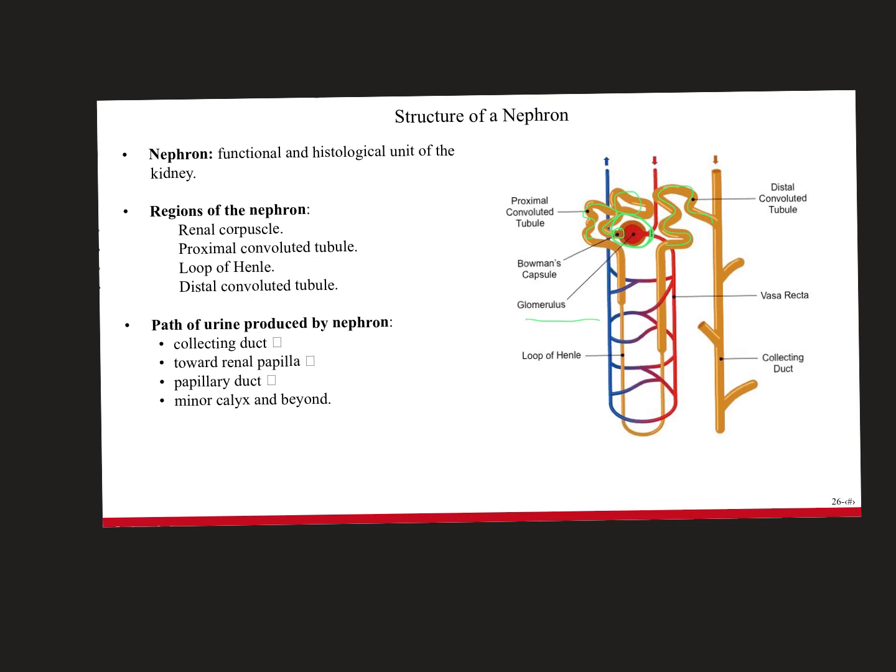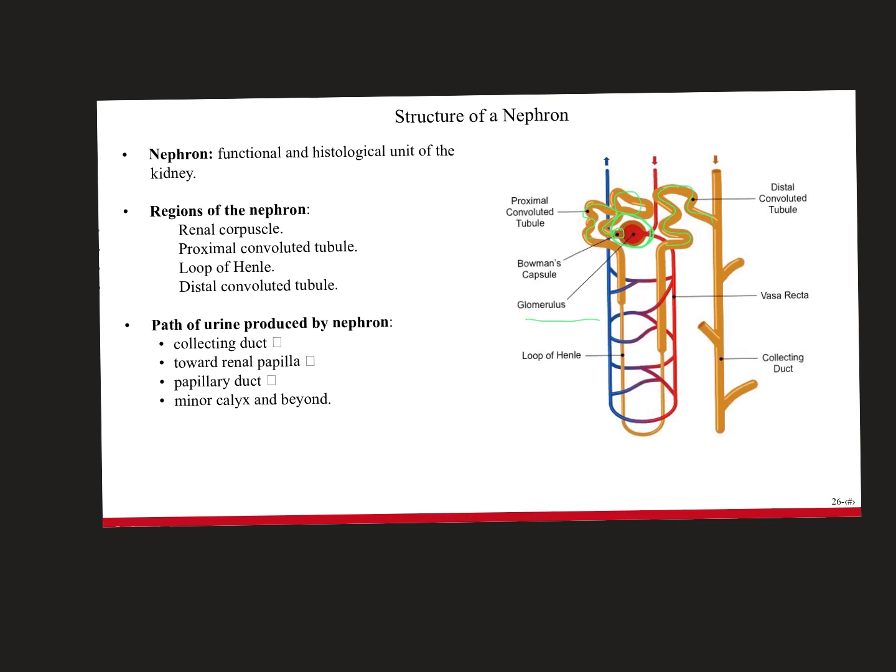And you'll also note that there's a part of each of those that is fatter or thinner, right? So you have a thick descending loop. You have a thin descending loop. You have a thin ascending loop and a thick ascending loop. All of those things are named really well. Those pieces are the major pieces of the nephron.